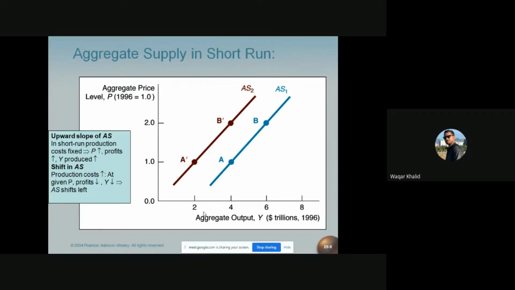fall. We can say that profit on a unit of output equals the price of the unit minus the cost of producing that unit. Profit is equal to total revenue minus total cost.